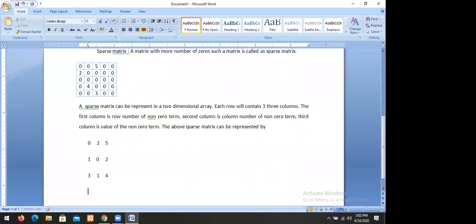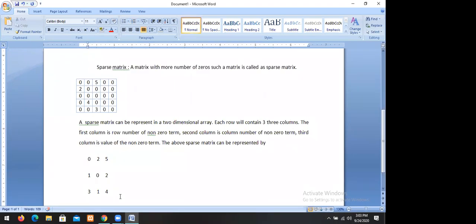Again we have fourth row, second column, value is 3. So this is the way to represent the sparse matrix.